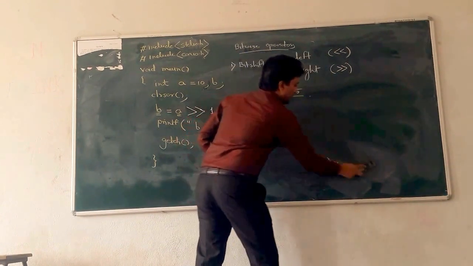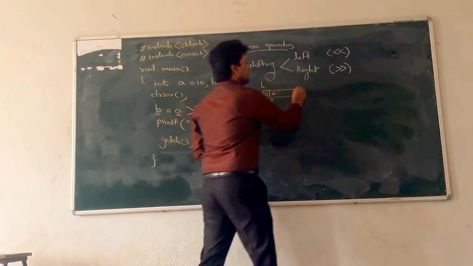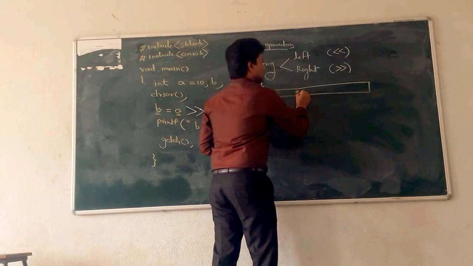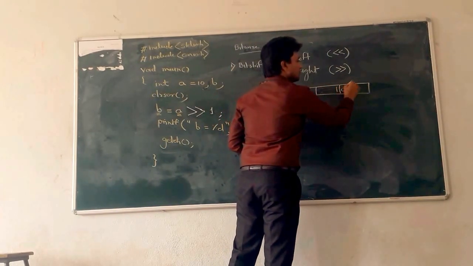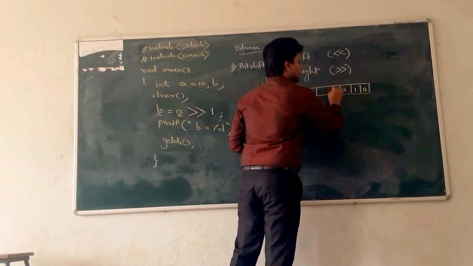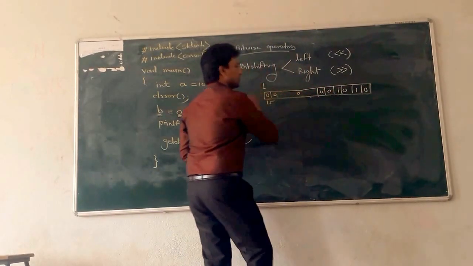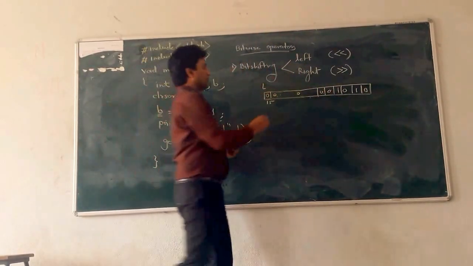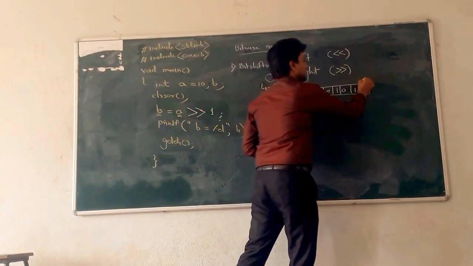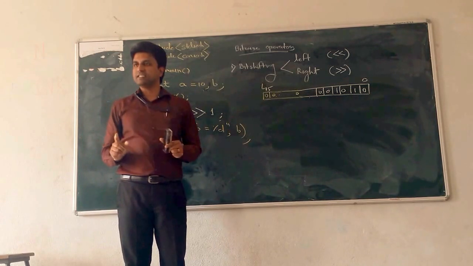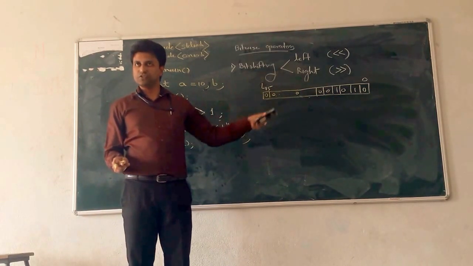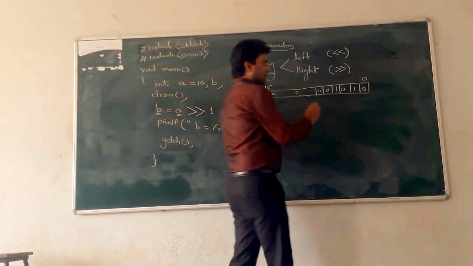Initial value is 1, 0, 1, 0, and all other bits are set to 0. This is a 15-bit number, and the 15th bit is reserved for the sign. 0 means positive number.